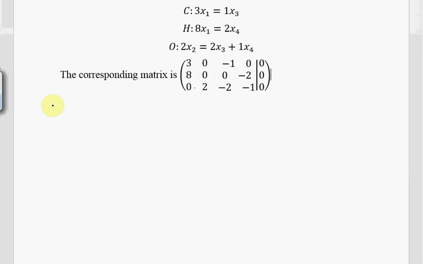If you look at that, it looks like we need to get a 1 here at A11, so let's go ahead and do that. We'll say 1/3 times row 1.